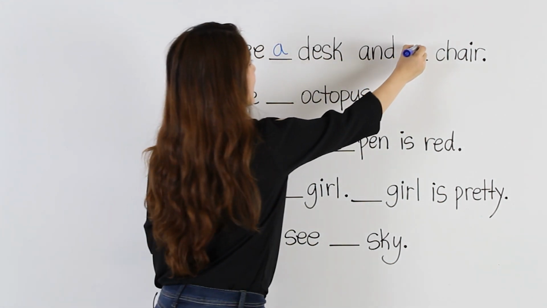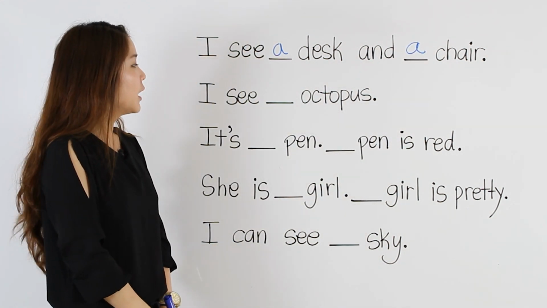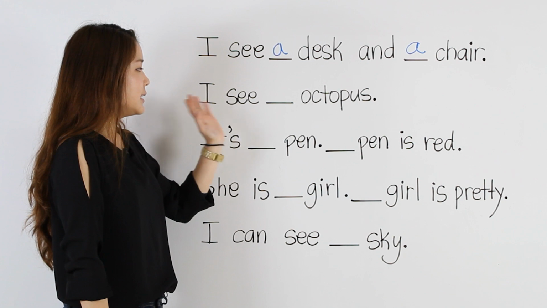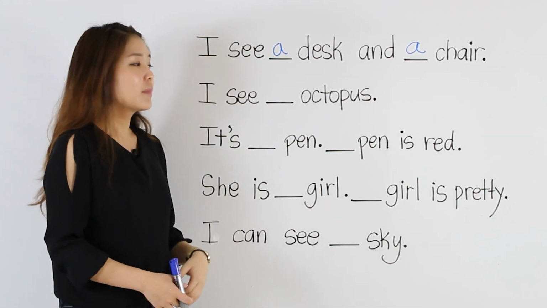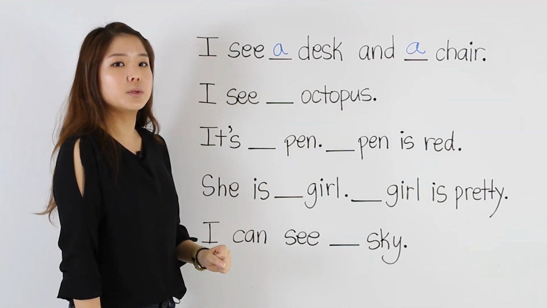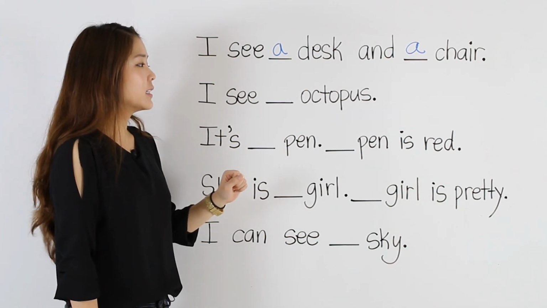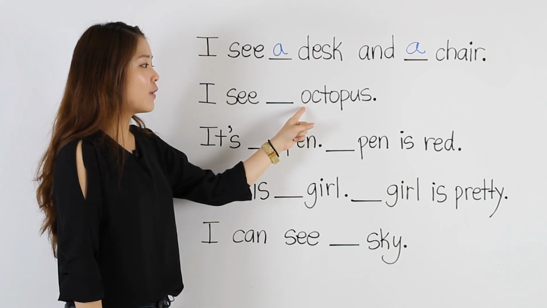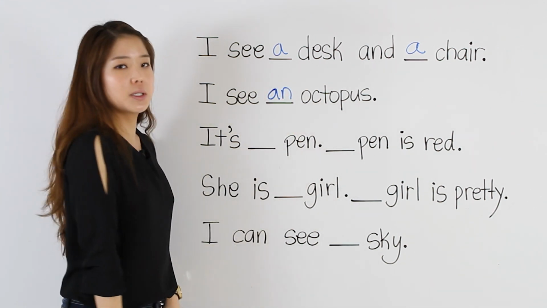I see a desk and a chair. The next one, I see octopus. Okay, this is the same. It's the first time I'm talking about this octopus. So do I put a or an? Well, here we have the vowel O, so we have to put an octopus.